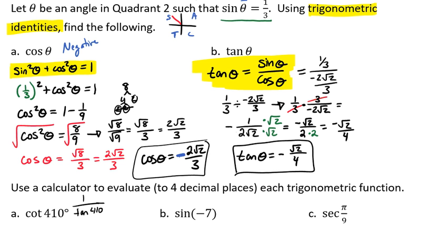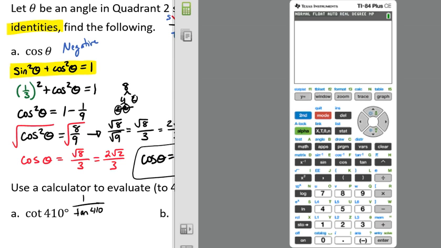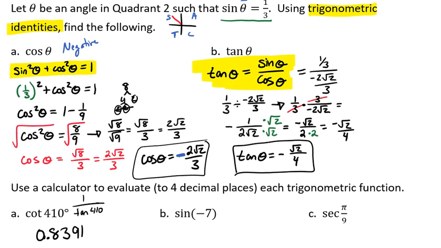So I have 1 divided by the tangent of 410, and that's what I'm going to enter into my calculator. I'll hit enter, and I get 0.839099, so 0.8391 is what we will put for our answer.